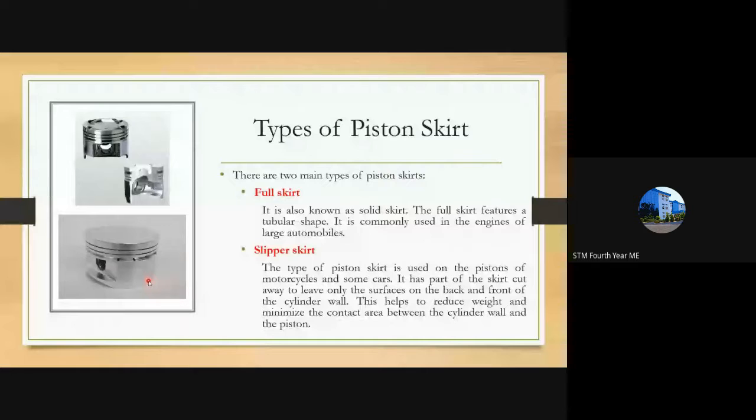What happens when wearing occurs is that the mechanical strength of the piston decreases, and due to this decrease, a failure of the piston during its working can occur. So to reduce that, we use cast iron material for excellent wear resistance.